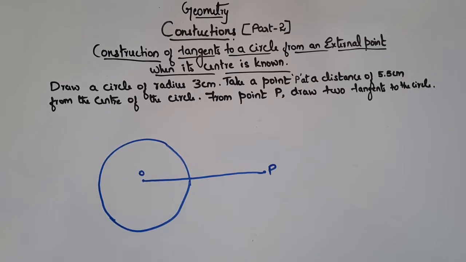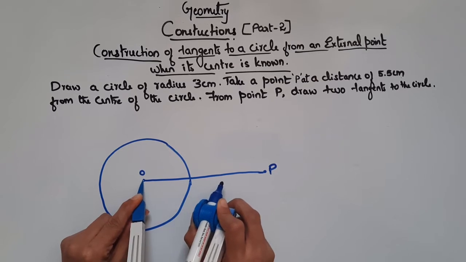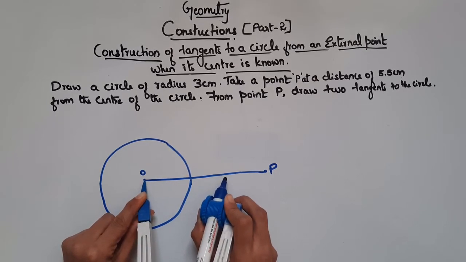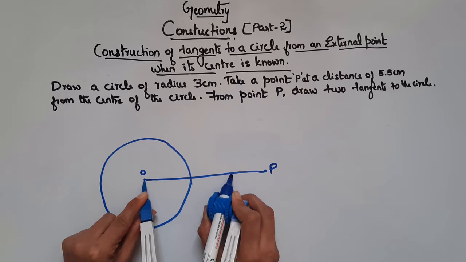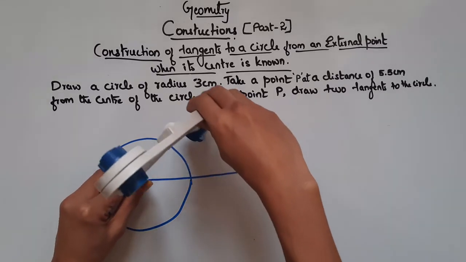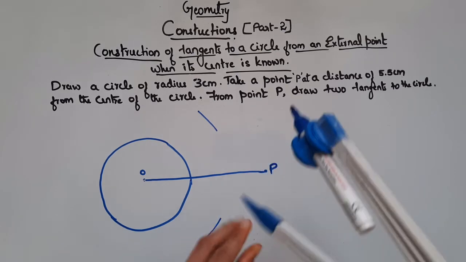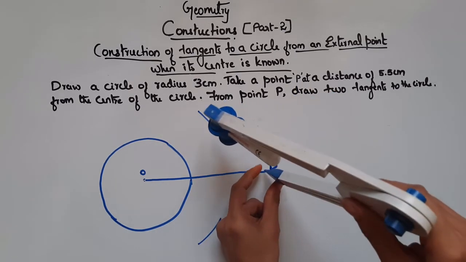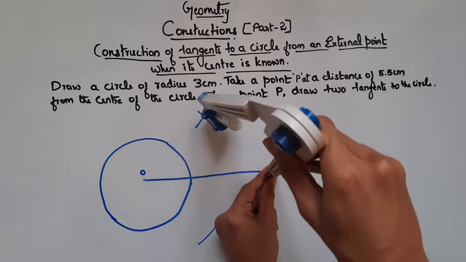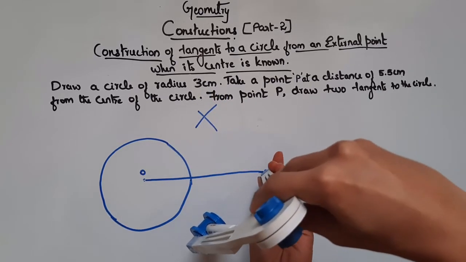For that, first you will take a perpendicular bisector. That is, you will keep your compass at this point and take more than half, like this. Take any length more than half and you will cut like this. Now same length you will keep at this point and cut like this. My board is slippery, so don't mind.